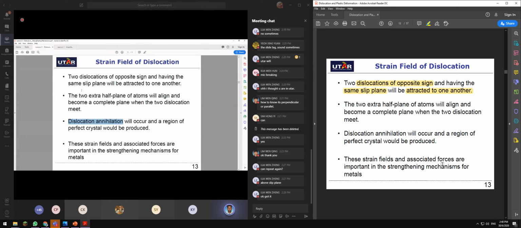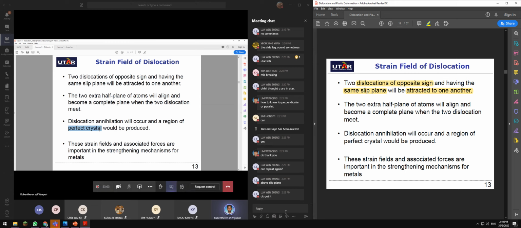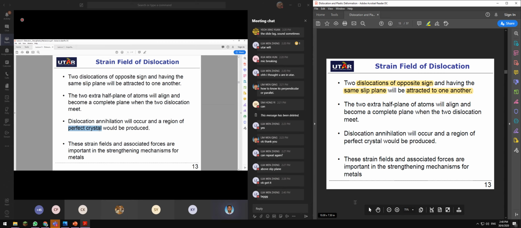Two dislocations of opposite sign having the same slip plane will be attracted to one another, so there will be a perfect crystal arrangement in the atoms, which reflects the impedance of strength.